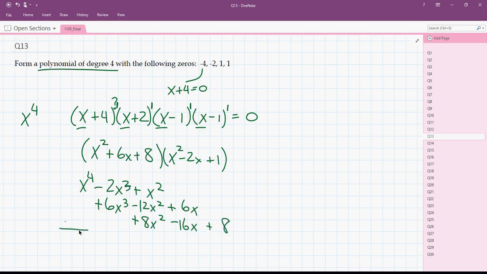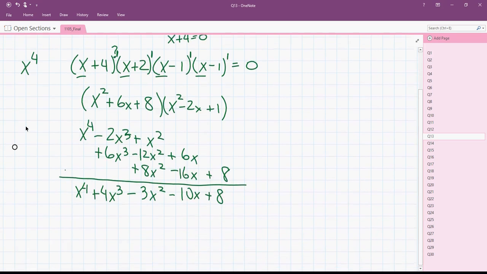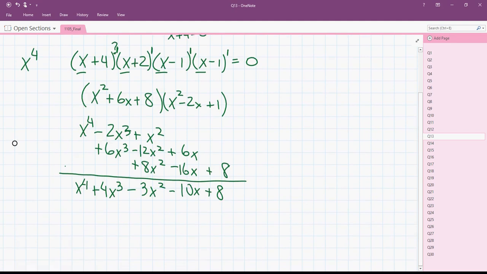So then, if we wind up adding all of that together, we get x to the 4th plus 4x cubed minus 3x squared minus 10x plus 8. So that would be our final expression for a polynomial of degree 4 that has the listed zeros.